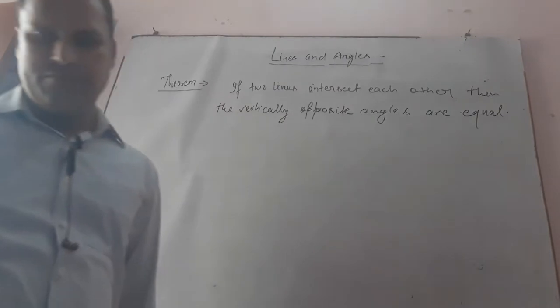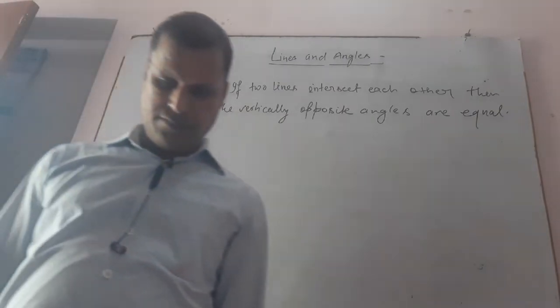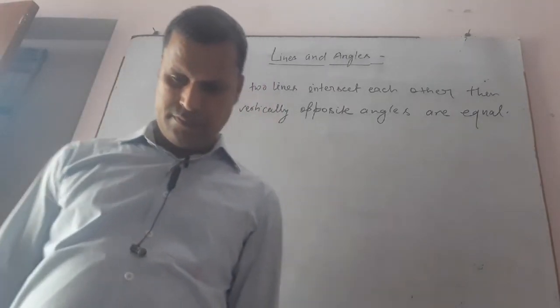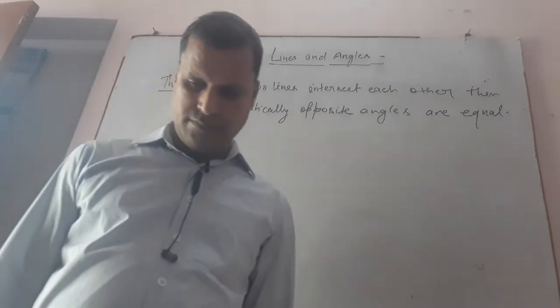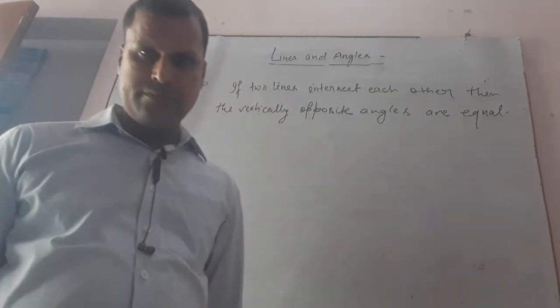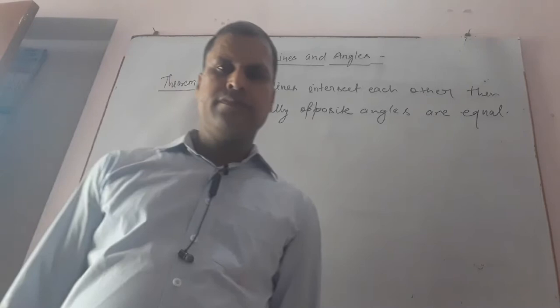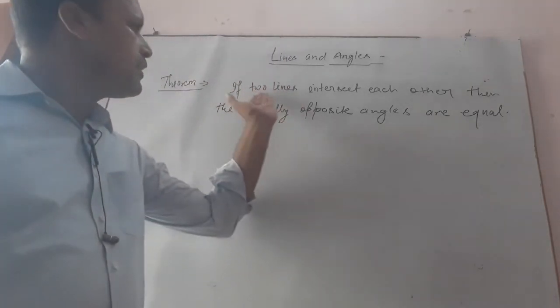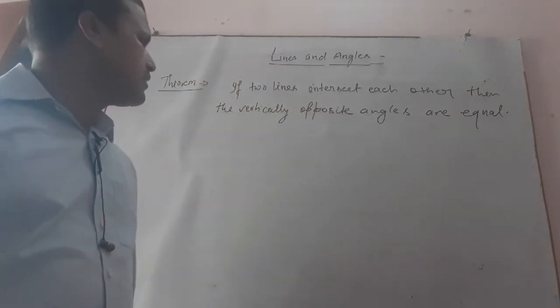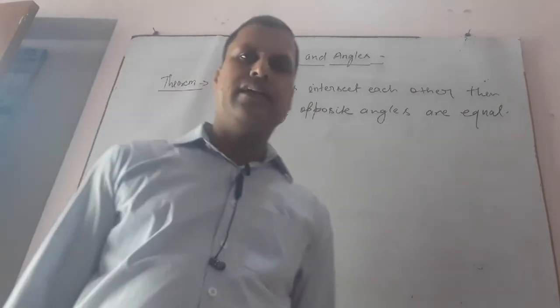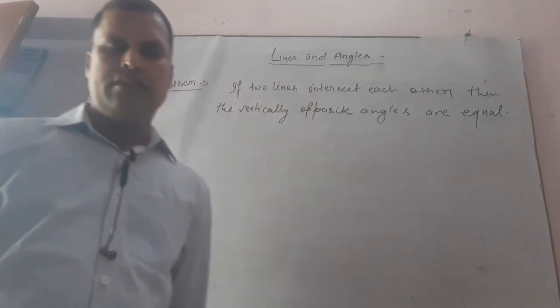This is the theorem. The theorem is: if two lines intersect each other, then vertically opposite angles are equal.